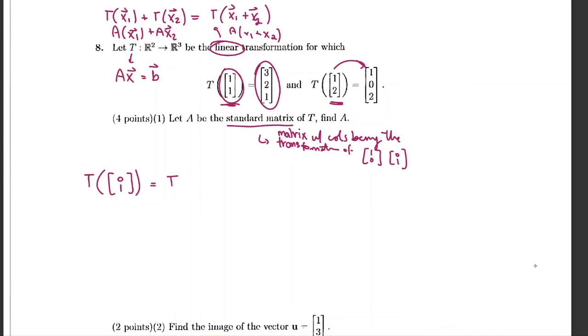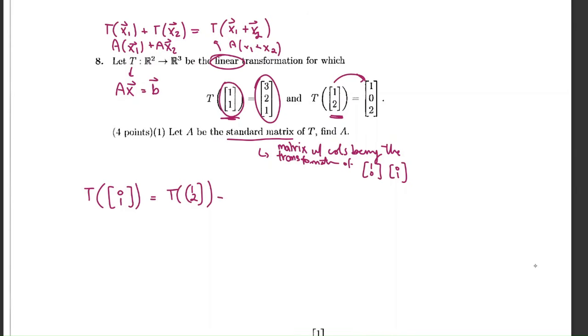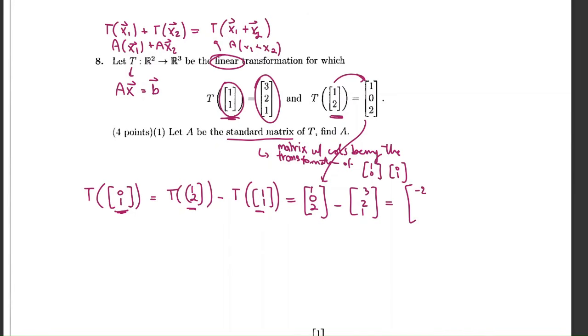So we can write this as the transformation of 1, 2 minus the transformation of 1, 1. And that gives us, right, because this vector minus this vector gives us just the transformation of 0, 1. So when we do that, we get 1, 0, 2, because that's given from up here, minus 3, 2, 1, which gives us negative 2, negative 2, and 1.